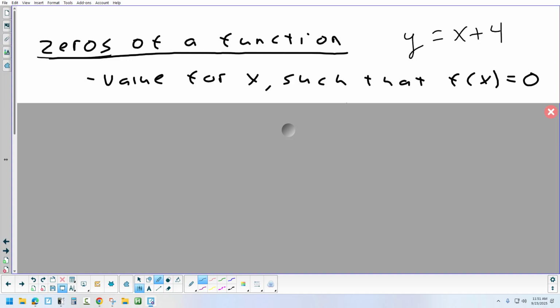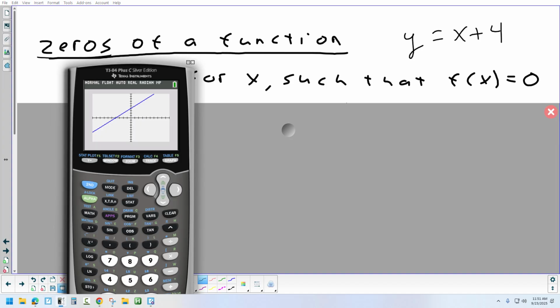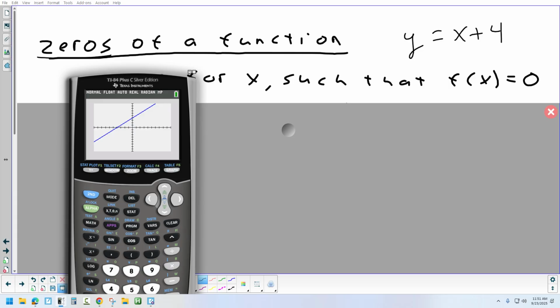Now I want to think about a parabola. When you draw a parabola, how many zeros can it have? Or how many x-intercepts could it have? Yep. 2. What else could happen besides 2? Well, it's a parabola, so it's definitely a U shape.